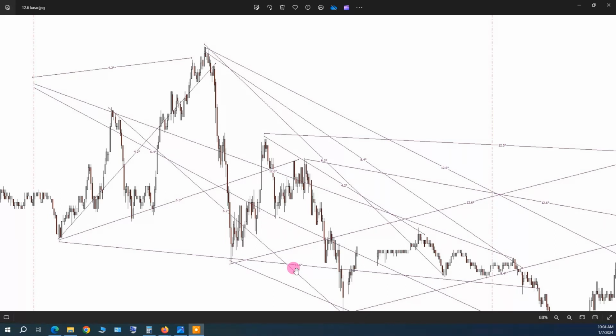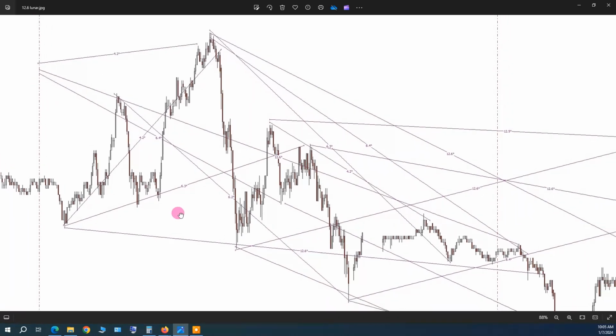Then I'm also taking the half point and the third point, where the half point is obviously 6.3 degrees and the third of 12.6 is 4.2 degrees.